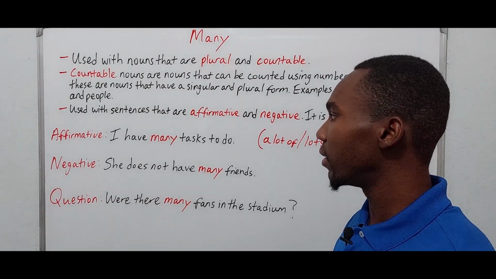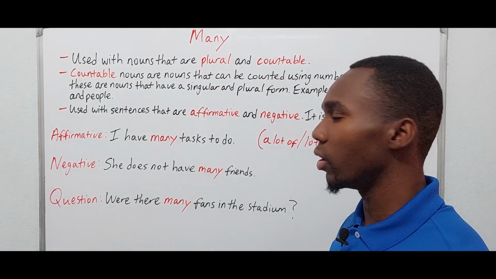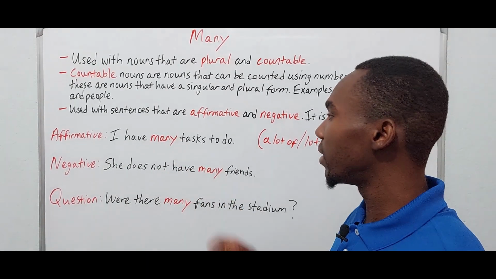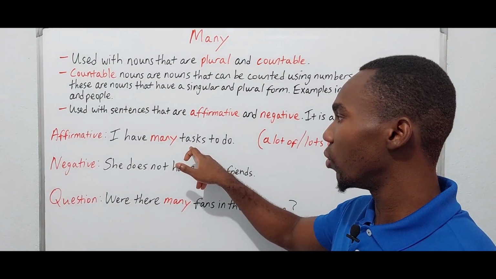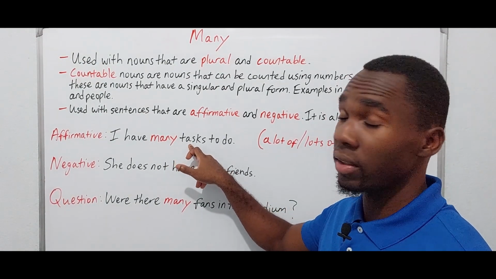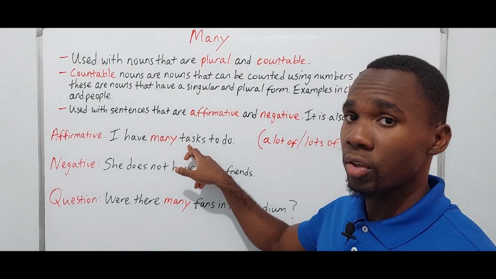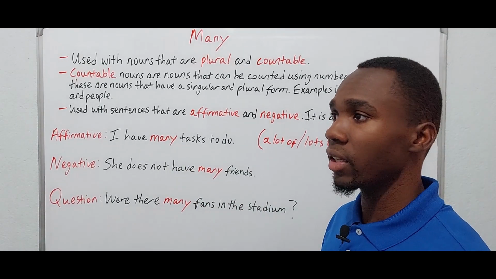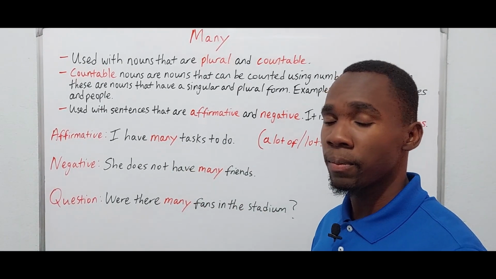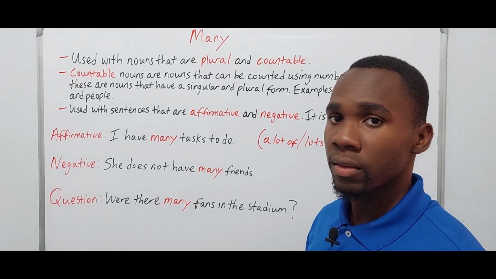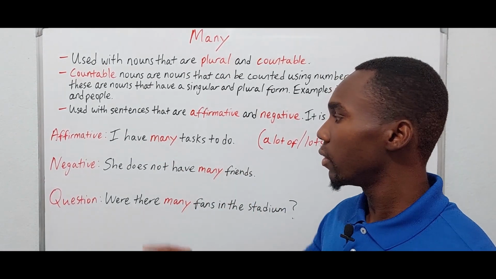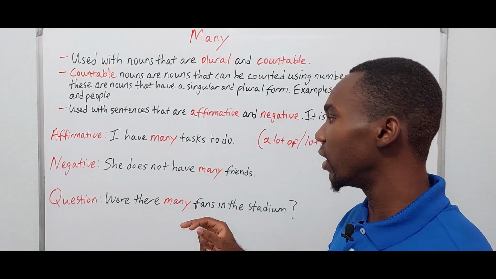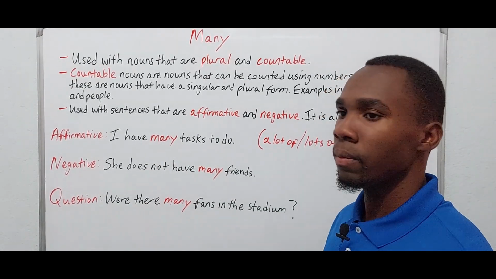So let's look at some examples here. So affirmative, I have many tasks to do, okay? So you see that the noun that many is describing is plural, of course, and task is something that has a singular and a plural form, and you can count tasks. So we use many here. I have many tasks. A negative sentence, she does not have many friends.